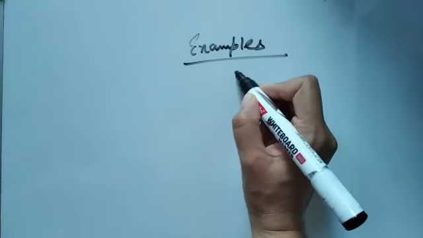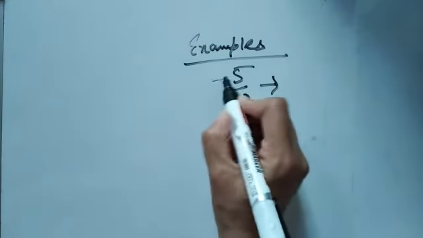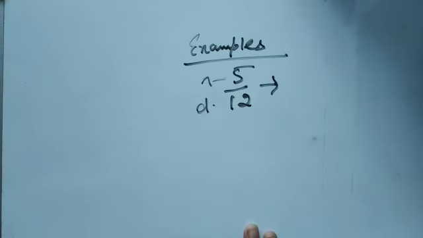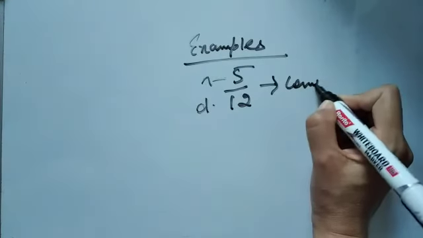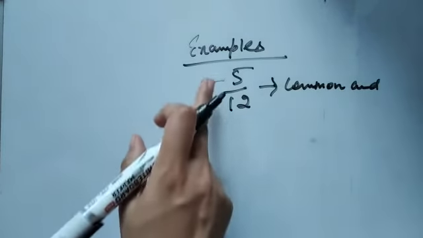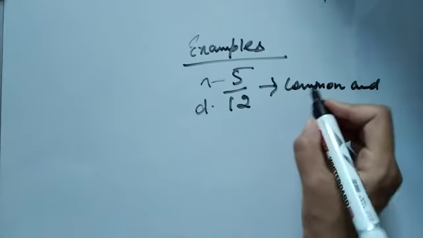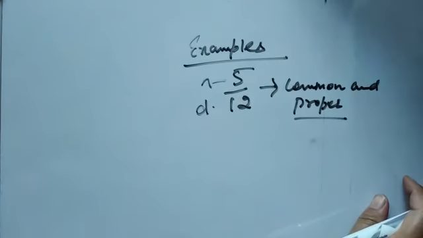Examples. 5 by 12. Which fraction is this? Numerator, and this is denominator. 5 by 12 is an example of common, and numerator is less than denominator, so it's a proper fraction.